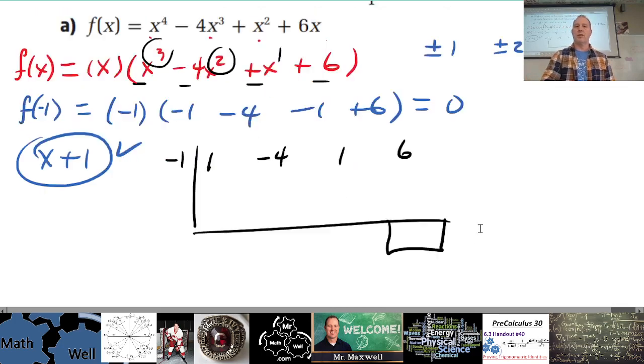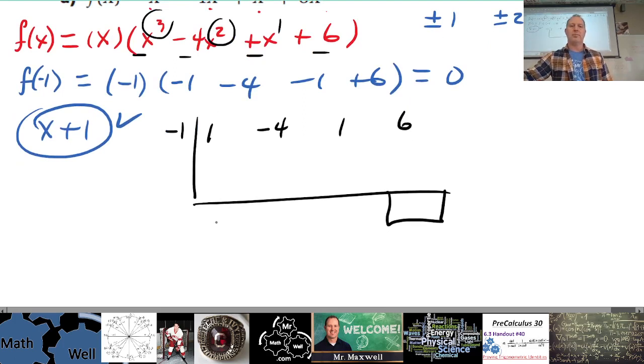I'm looking for the remainder. So I drop the 1, multiply, put the product up there, add, negative 5, multiply, that's positive 5. I add 6, multiply, put that up there, add 0. See how that is good?